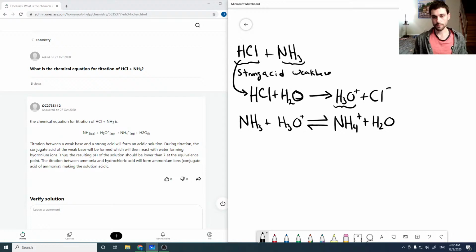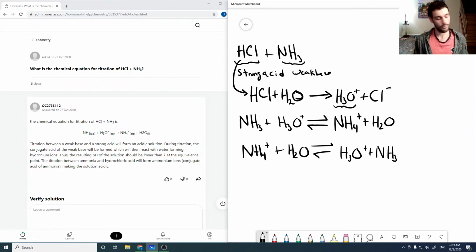But of course, NH4 plus is itself an acid. And so you would also have this equilibrium going on, which is partially described by this.